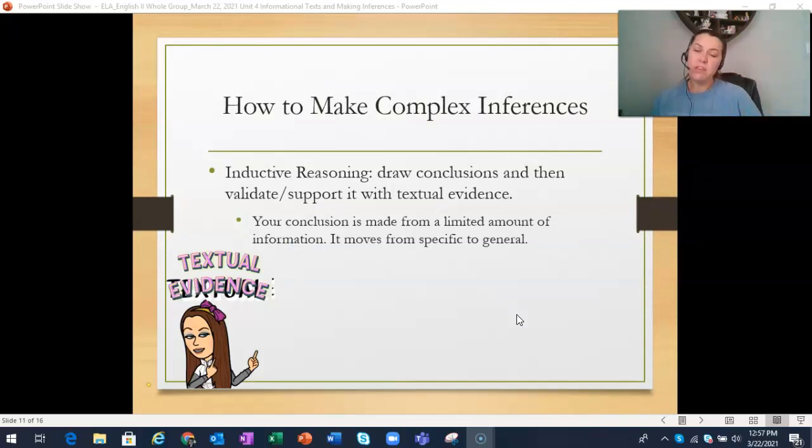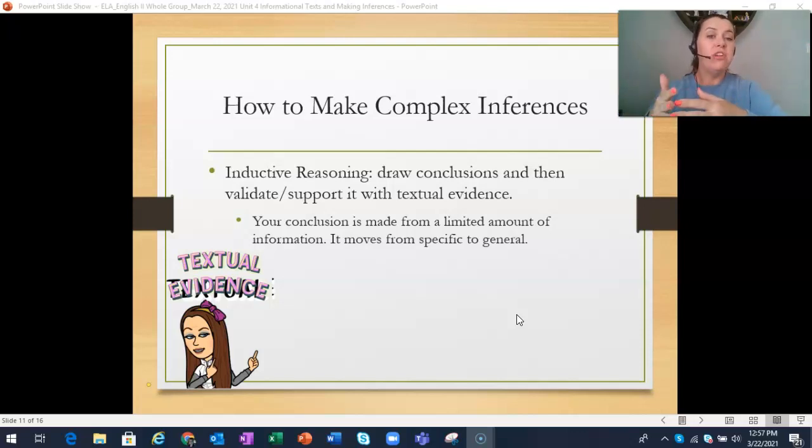So I've used these two words, inductive and deductive, throughout this presentation. So let's talk about what that means. We want to use inductive reasoning, which means we draw conclusions and then we validate or support that conclusion with textual evidence. We draw a conclusion and then we say, this is why my conclusion is correct, and I can point to something in the text that says, this supports my conclusion.